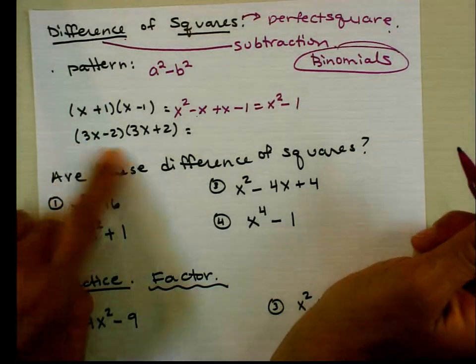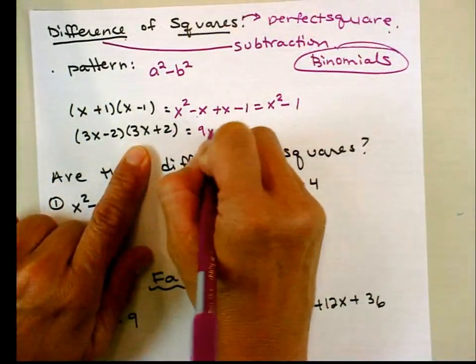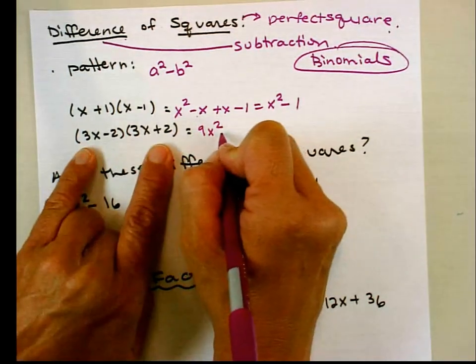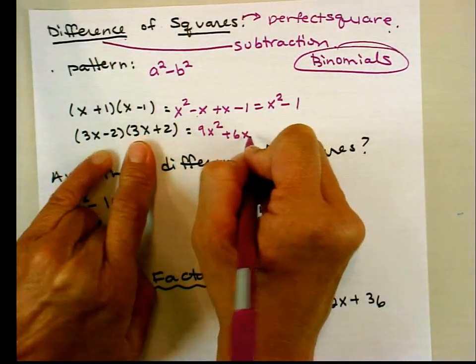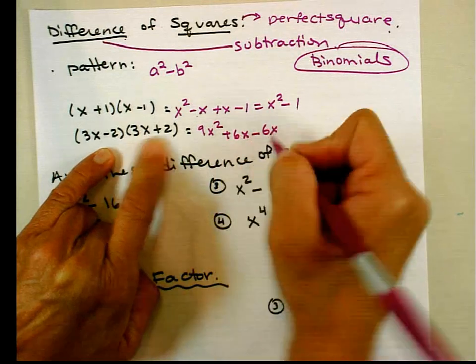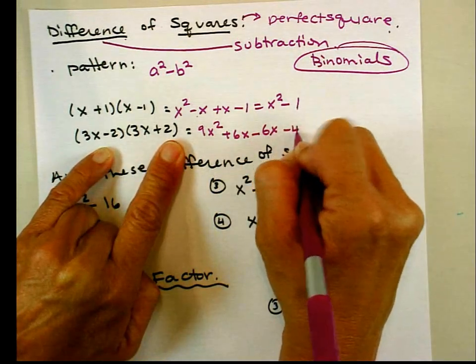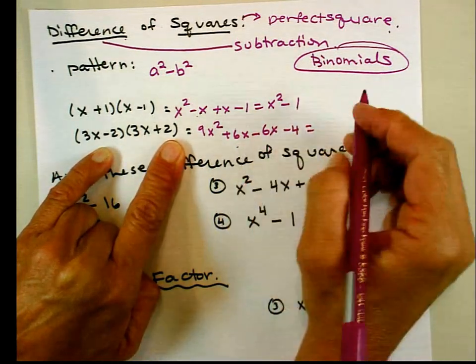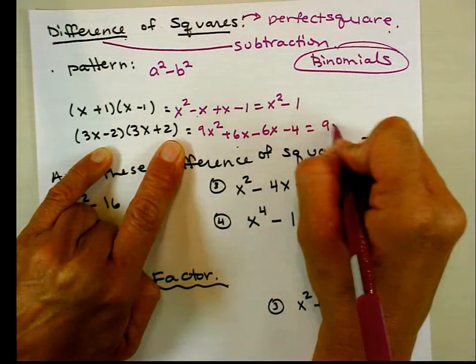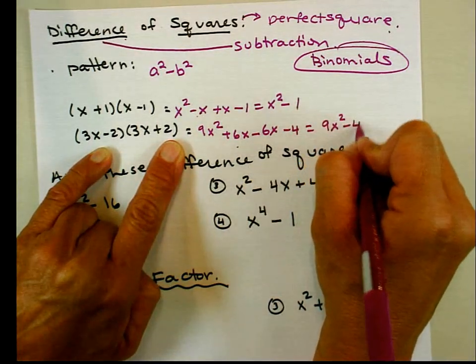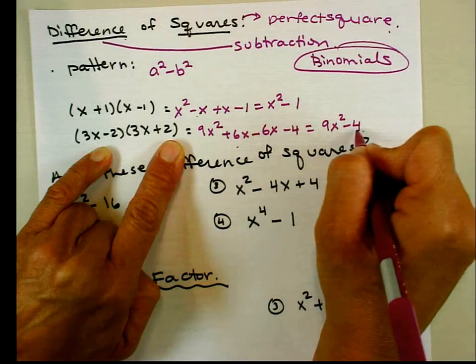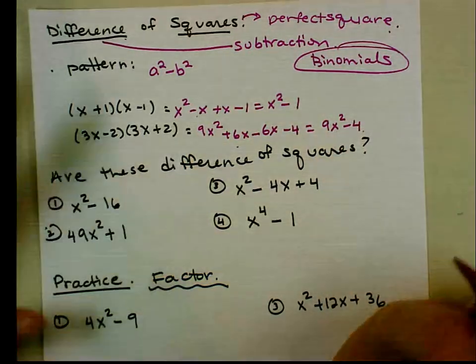So 3x times 3x will be 9x squared plus 6x minus 6x minus 4. So the 6x and the minus 6x add away, and we just get 9x squared minus 4. Two terms, both perfect squares, minus in the middle.